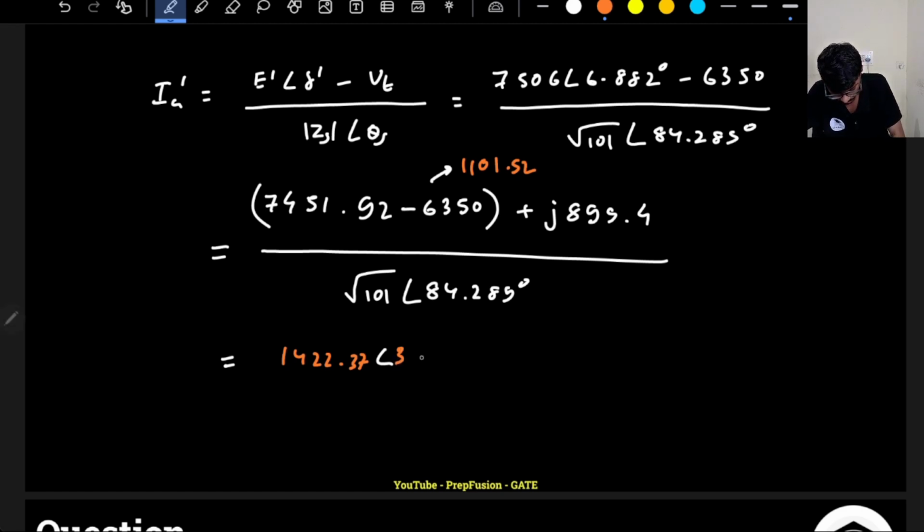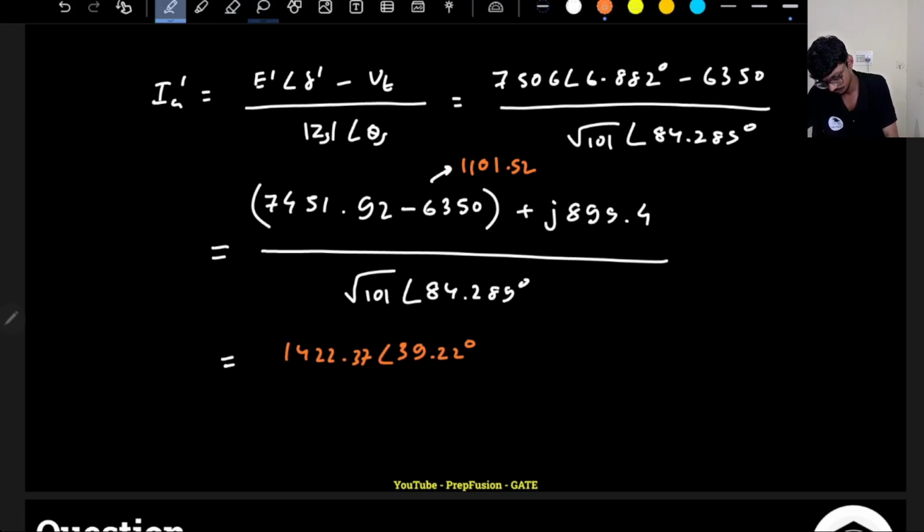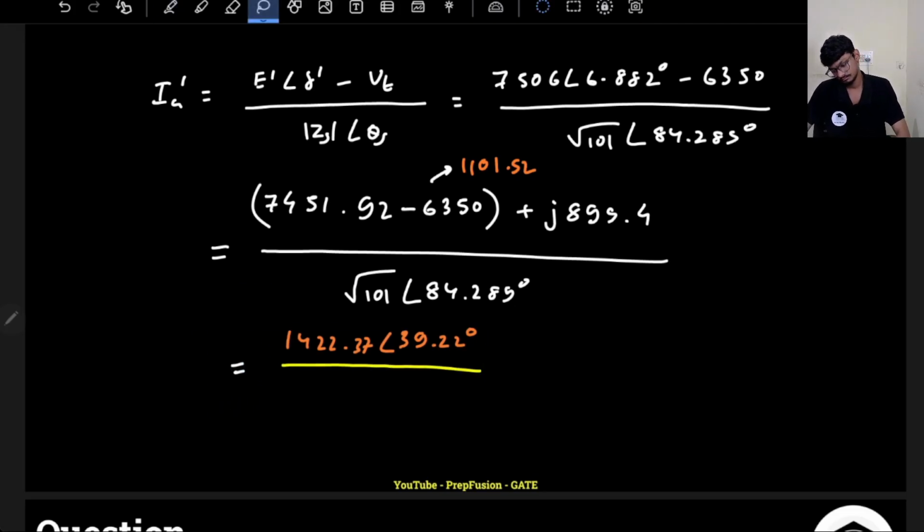So this will be 39.22. So this will be under root 101 angle 84.289.